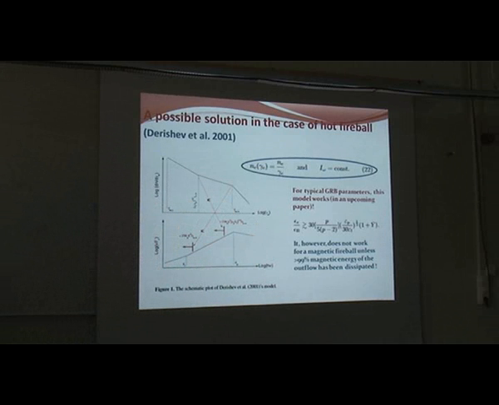Because X-ray flashes have a really low E peak, and this model depends on this parameter sensitively. However, for X-ray flashes, the low energy spectral index cannot be measured reliably.